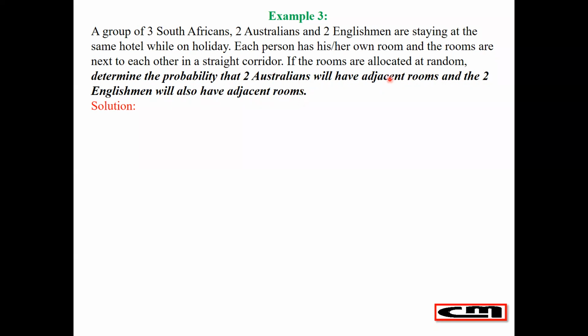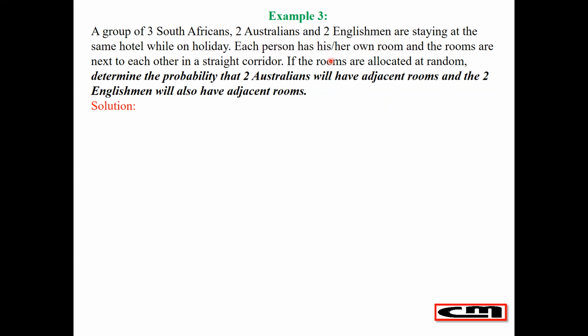Right. Of course, again, it's probability, but you look at what is the favorable outcome. How can we make sure that here we have 3 South Africans, 2 Australians, and 2 Englishmen? How many are they? They are 7. So if we are talking of rooms, then we are supposed to put them in 7 rooms, 1 for each.